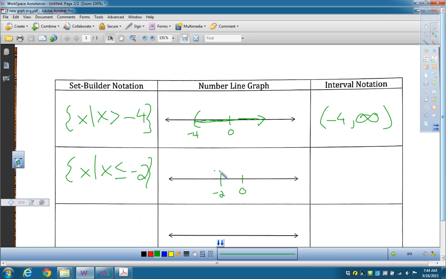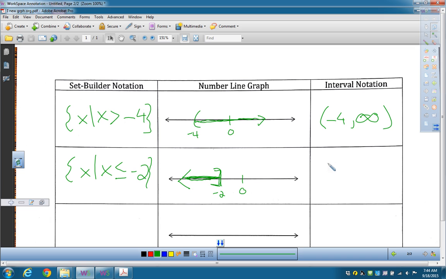In this case, you use a rectangular bracket, kind of like that. And for those of you who've seen this before, sometimes you use a solid shaded in circle. Who has done it that way before? Yeah, that's fine if you want to do it that way. And then I'm going to go down this direction, and it goes lower and lower forever and ever. And I write that in set builder notation like this.